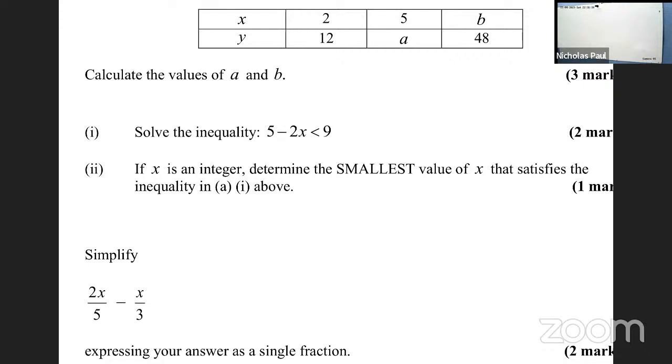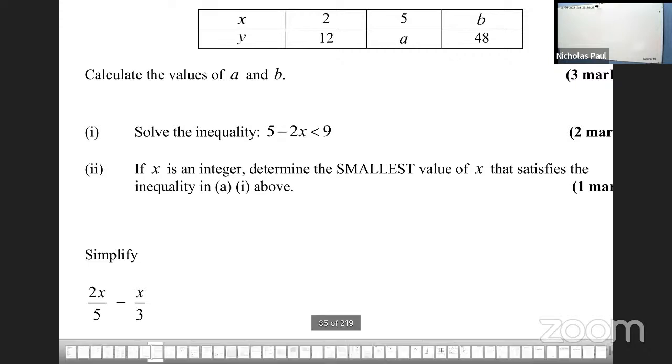So you should have a -2 on the left. Once you have a -2, you have to change something. All right, so let's see. 5 minus 2x is less than 9. Move across the 5, it becomes minus 2x is less than 9 minus 5.